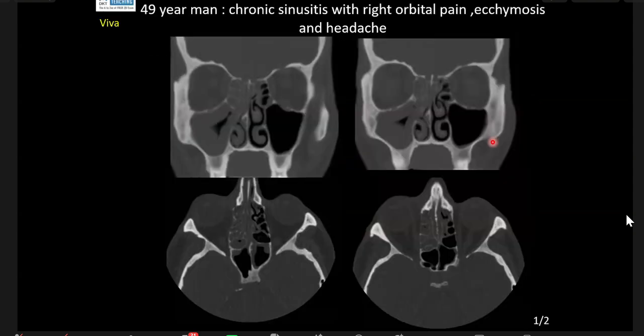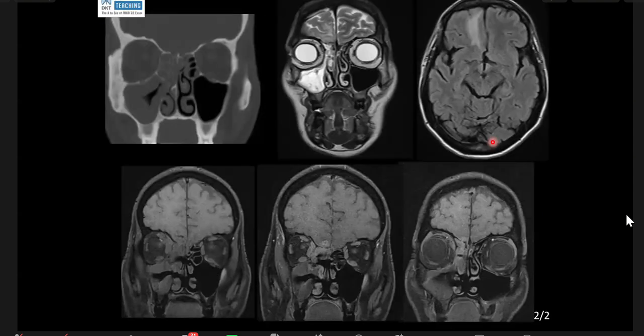Depending on the scenario, you should ask for post contrast, and you can ask for MR, because you have to rule out intracranial extension. Classical exam cases, most popular exam cases in head and neck, are infections and complications of infections. In this particular case, on post contrast, you can see extension into the meninges, and then there is edema. Okay, well done.